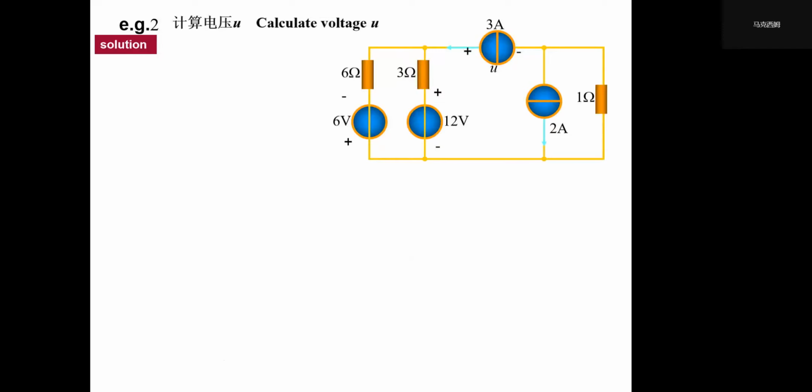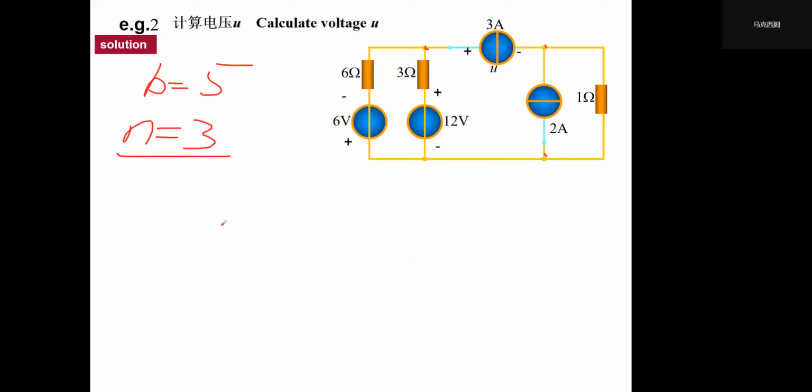Otherwise, you can still directly use KCL and KVL and the node voltage and branch current method as you wish. Since we have 1, 2, 3, 4, 5 branches, if you would like to solve it the traditional way, we would definitely choose the node voltage method.